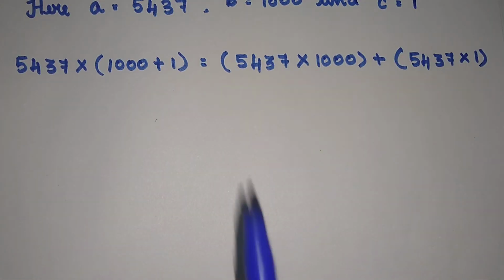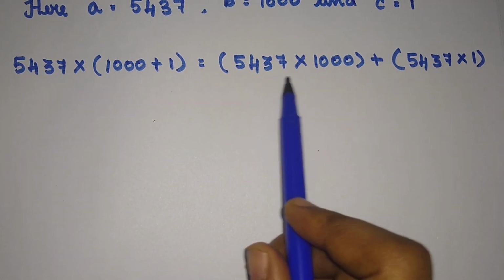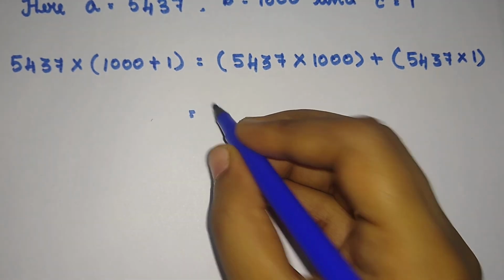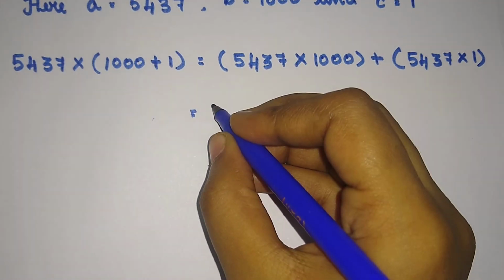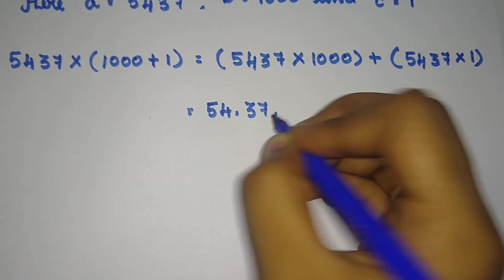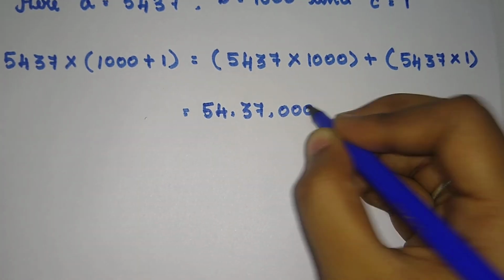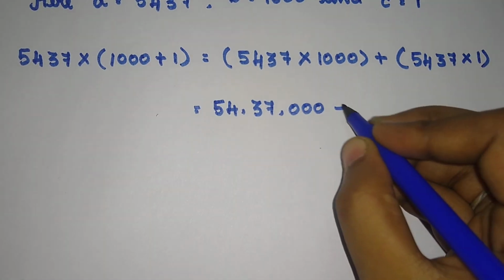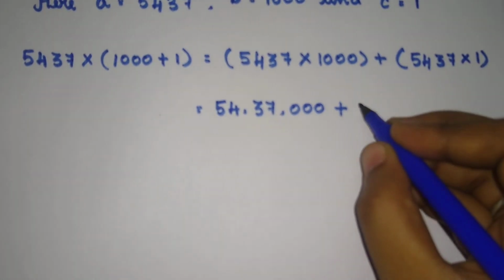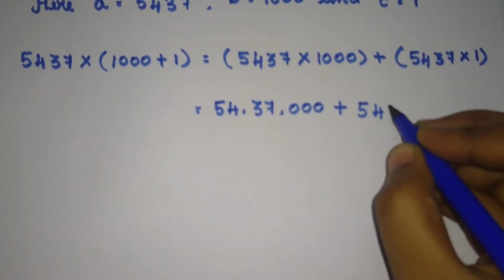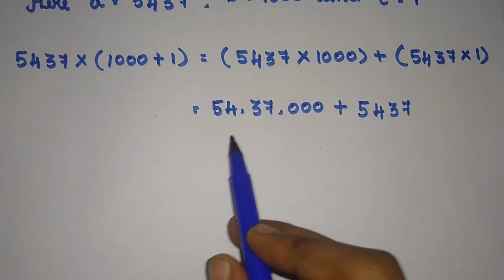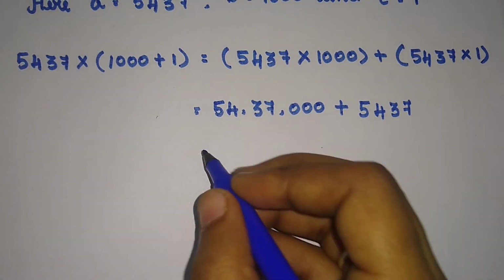Next, we have to multiply 5437 into 1000. We get 54,37,000 plus 1 into 5437, which is 5437. Next we have to add these two numbers.